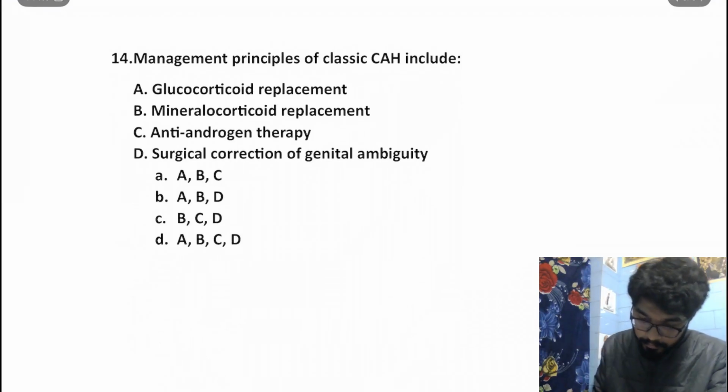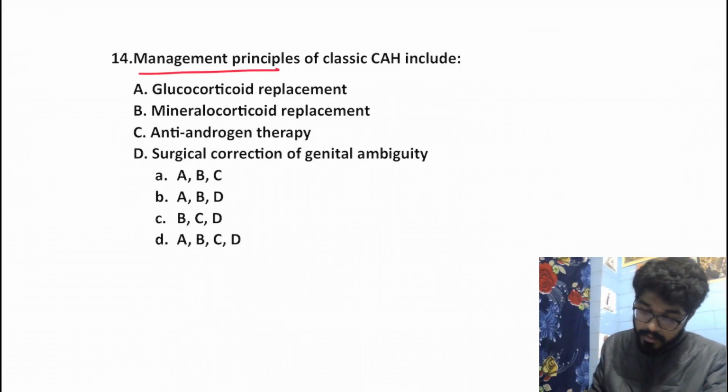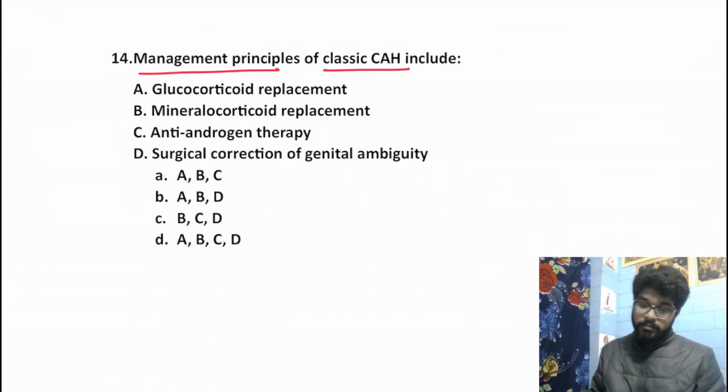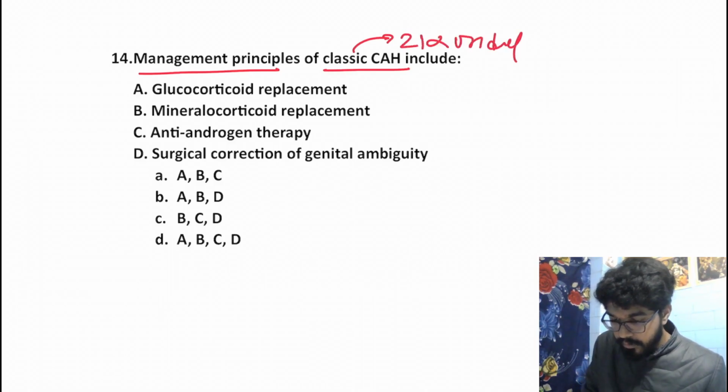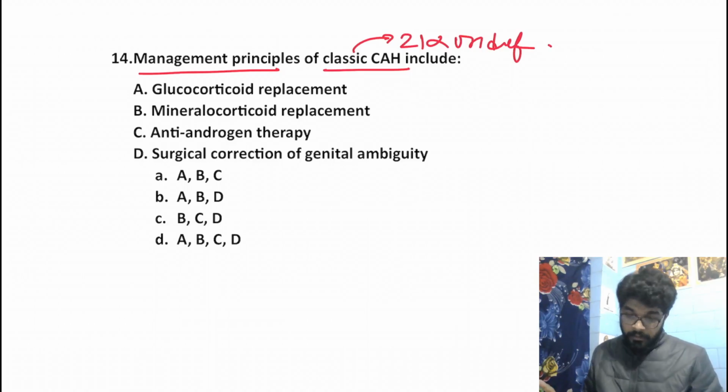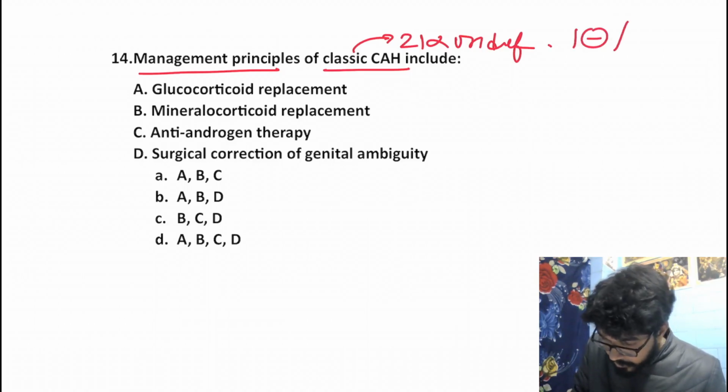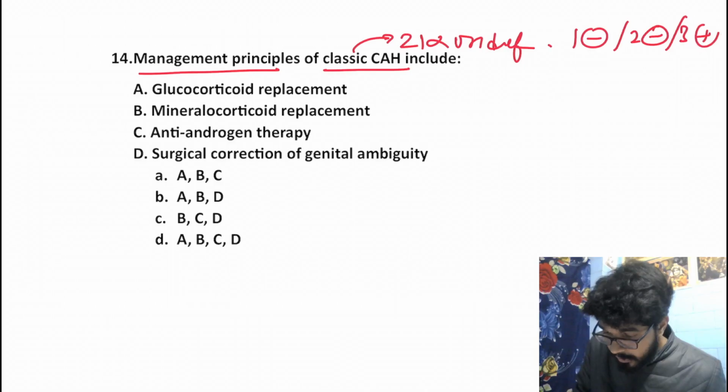Management principles of classical CAH. Classical CAH is nothing but 21 alpha hydroxylase deficiency. Over here, 1 is deficient, 2 is deficient, and 3 is in excess.